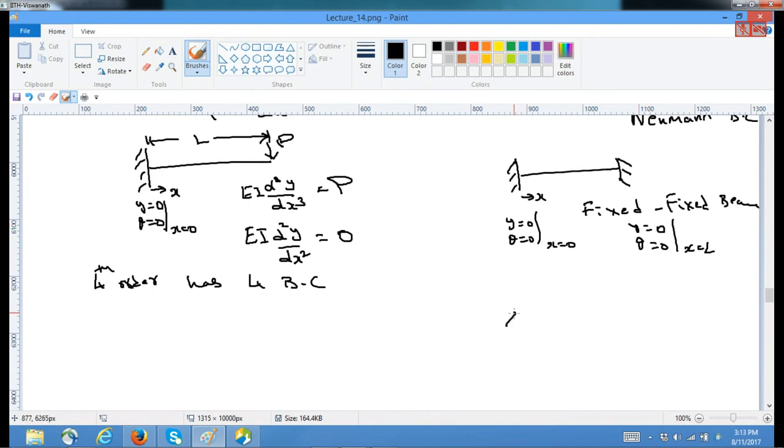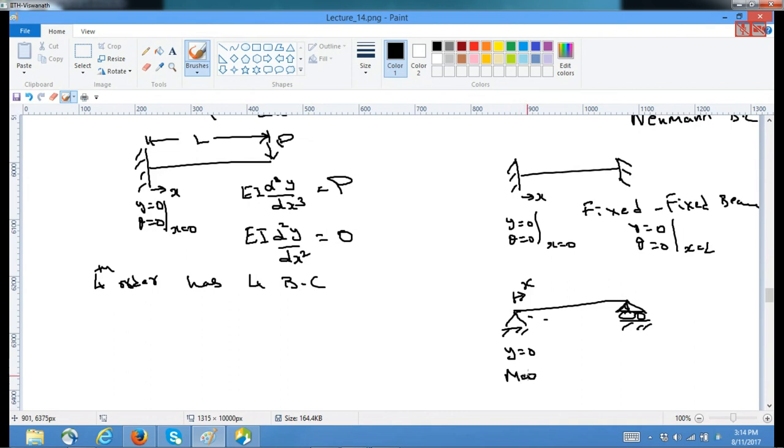Now for a simply supported beam, when it sags, you know the slope is not 0 but the displacement is 0. So y is equal to 0 but theta is not 0. If theta is not 0, its conjugate has to become 0. The conjugate of theta is moment, because the hinge or the pin joint cannot take any moment.